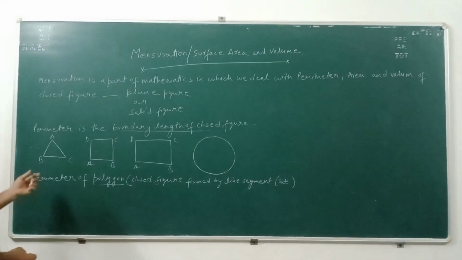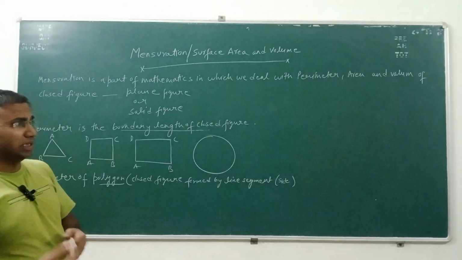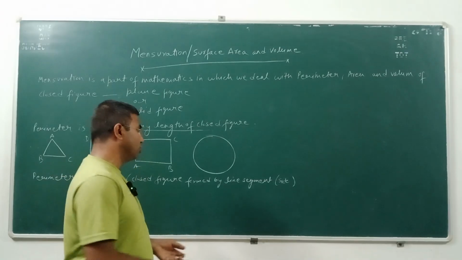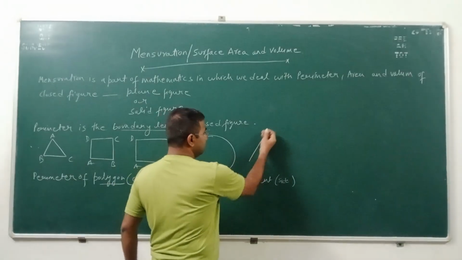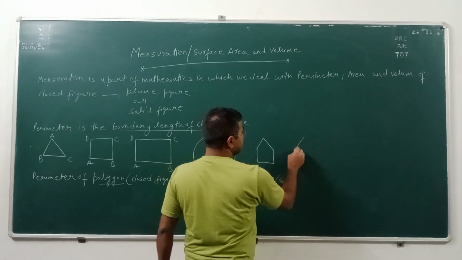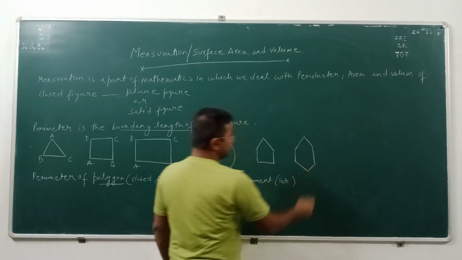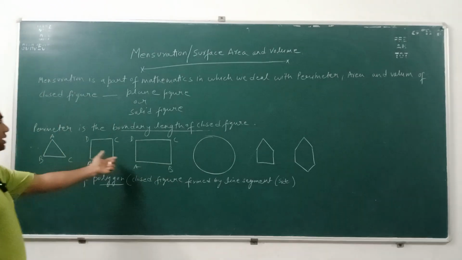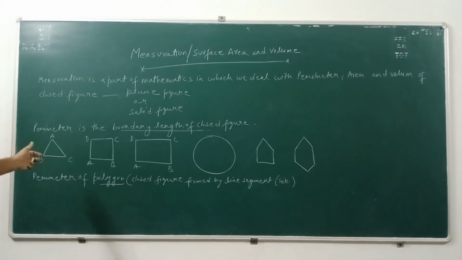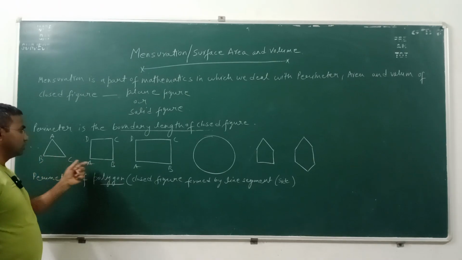So you can see here, whether it is a triangle, a square, a rectangle, a pentagon, or a hexagon, these things are polygons. A triangle is formed by line segments, which are called sides.